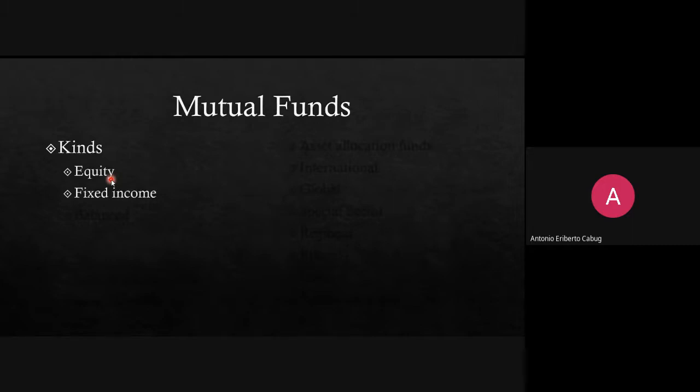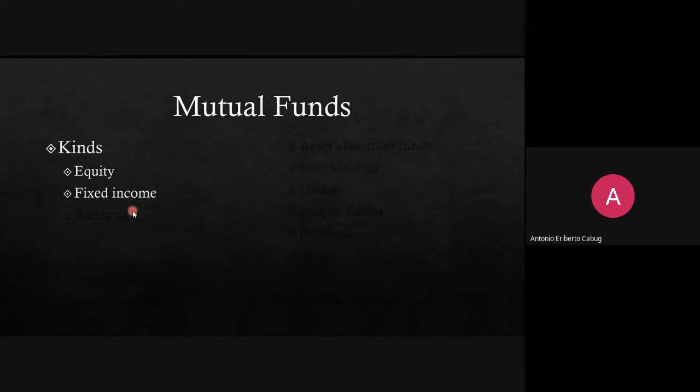If it is a fixed income mutual fund, that would mean it earns interest. Ang kinikita niyan, interest. Fixed income. These are debt securities. Examples of a fixed income fund would be bond funds and money market funds.